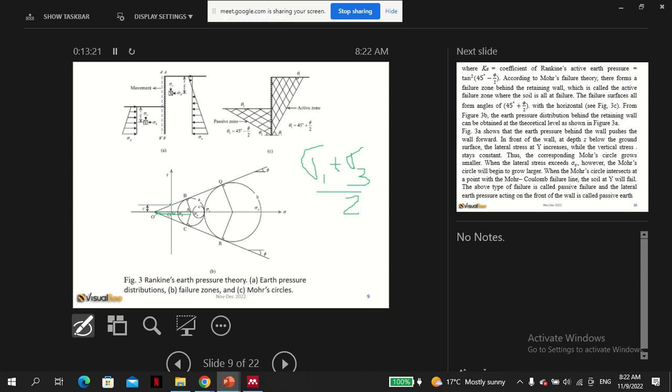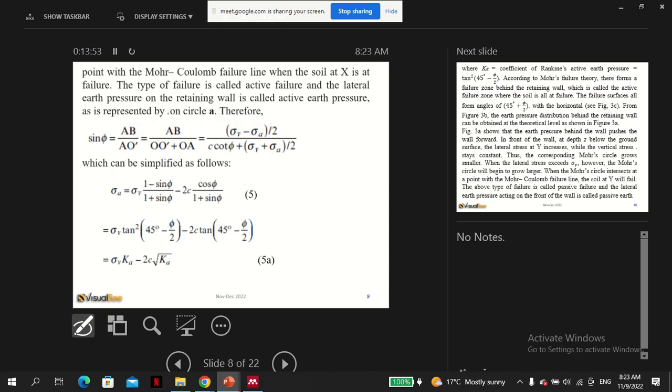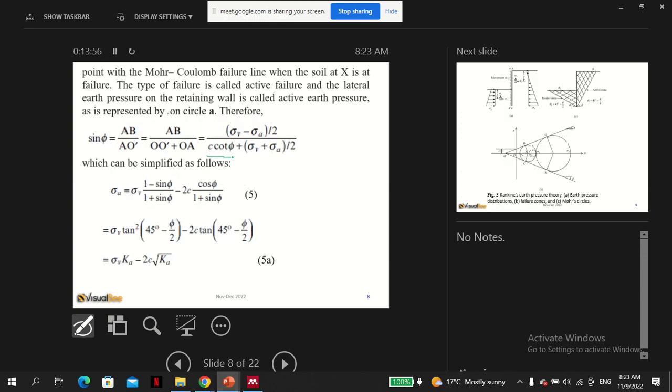But this part can be calculated because if you see tan phi prime, phi would be this side over OO. Let's call this side x, but x is C, so you can find the value of OO, which is C cot phi, of course, plus the center.